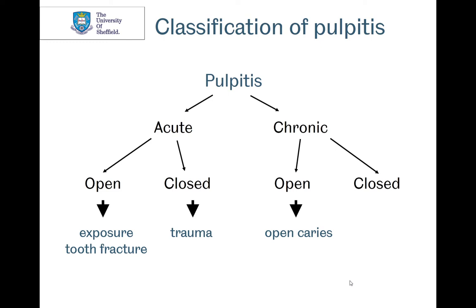Chronic open pulpitis tends to be the result of a massive carious lesion, which essentially destroys the crown of the tooth, but for various reasons that we'll see in a little while, pulp vitality is maintained, so you get exposure of the pulp, but a chronically inflamed pulp because of this massive dentine caries cavity. And then closed chronic pulpitis, which is perhaps the most common of them all, due to the effects of dental caries.